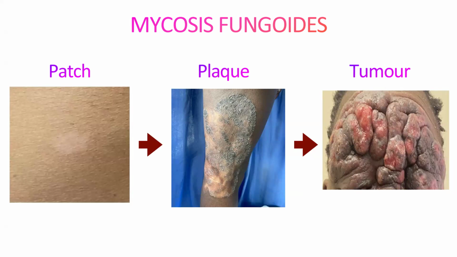Less commonly, they may progress to tumors and erythroderma, although these can also be presenting features from the start. Visceral disease is only found in 1% of patients at diagnosis, but it can and does occur. And if it does, it's likely to spread to the lymph nodes, the spleen, liver, and the lungs.